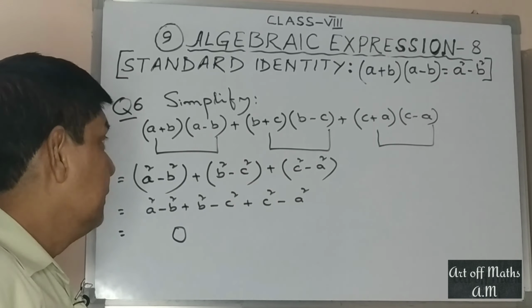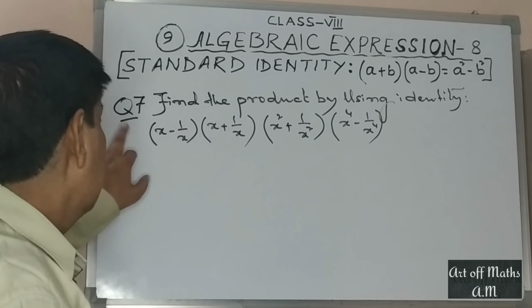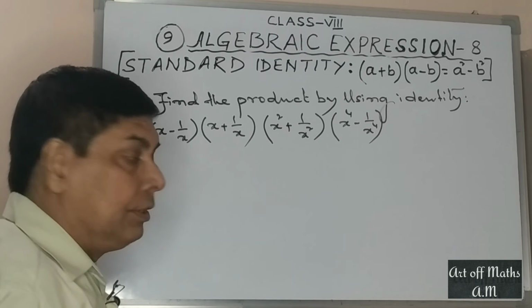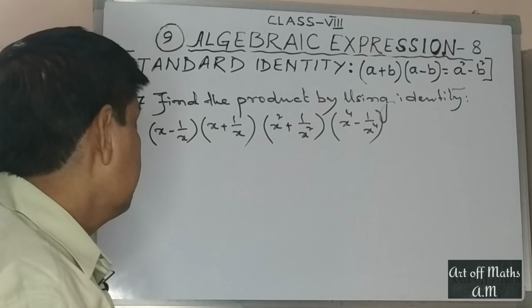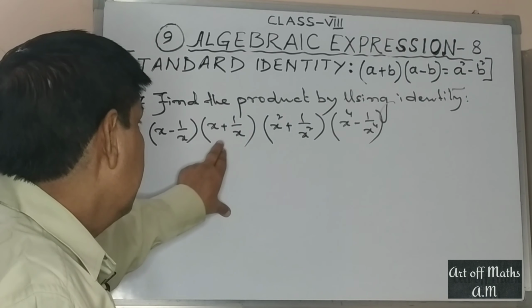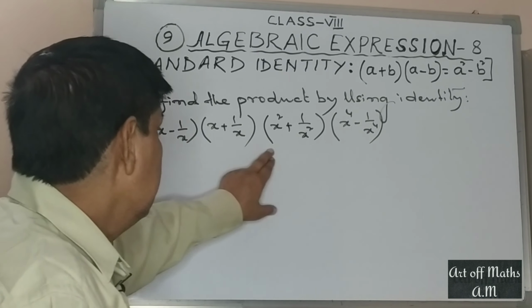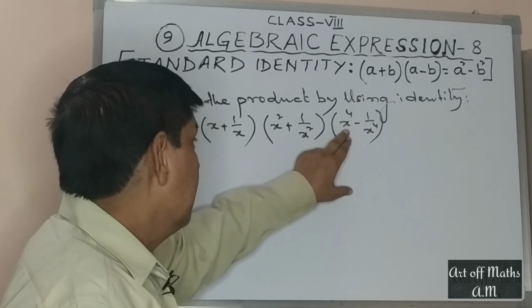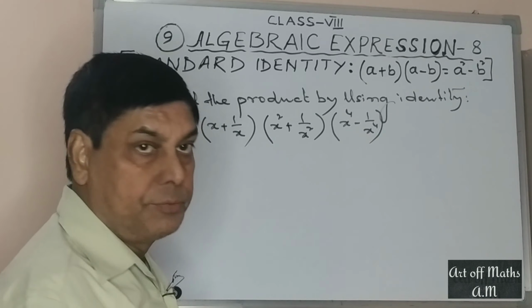Now coming to the seventh question. The seventh question: find the product by using identity. Very intelligent question. (x minus 1 by x) into (x plus 1 by x) into (x square plus 1 by x square) into (x to the power 4 minus 1 by x to the power 4).